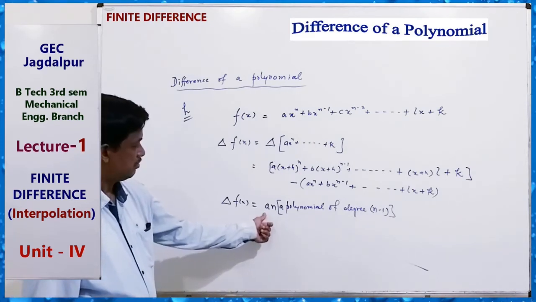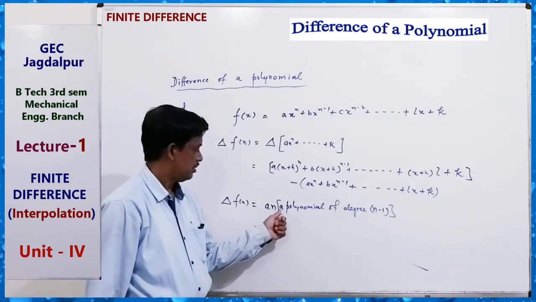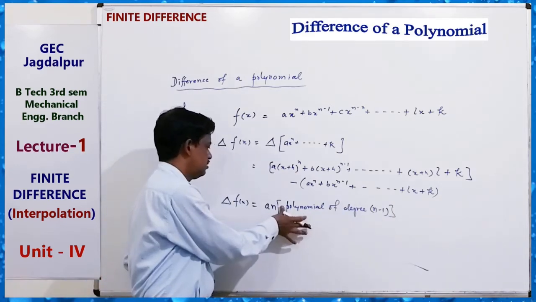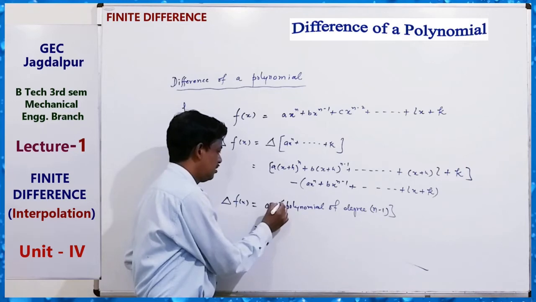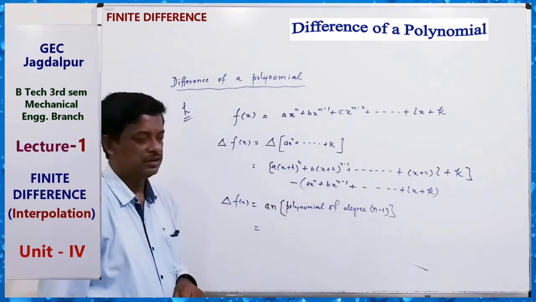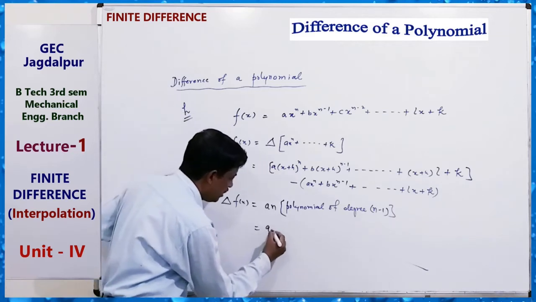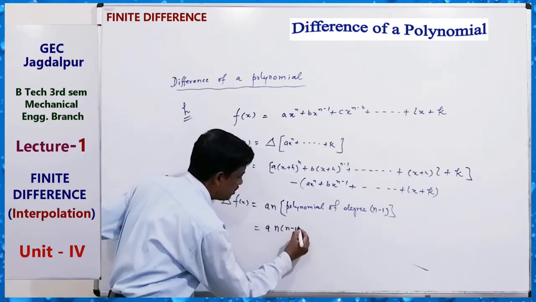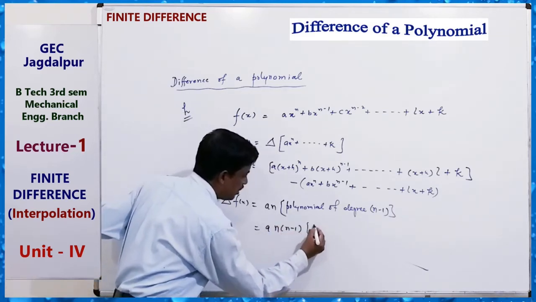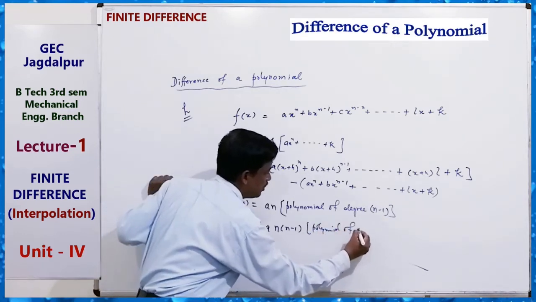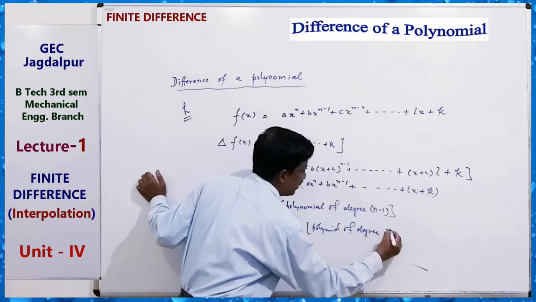A polynomial of degree n minus 1. Just repeat this process, then we can get a n minus 1 and a polynomial of degree n minus 2.